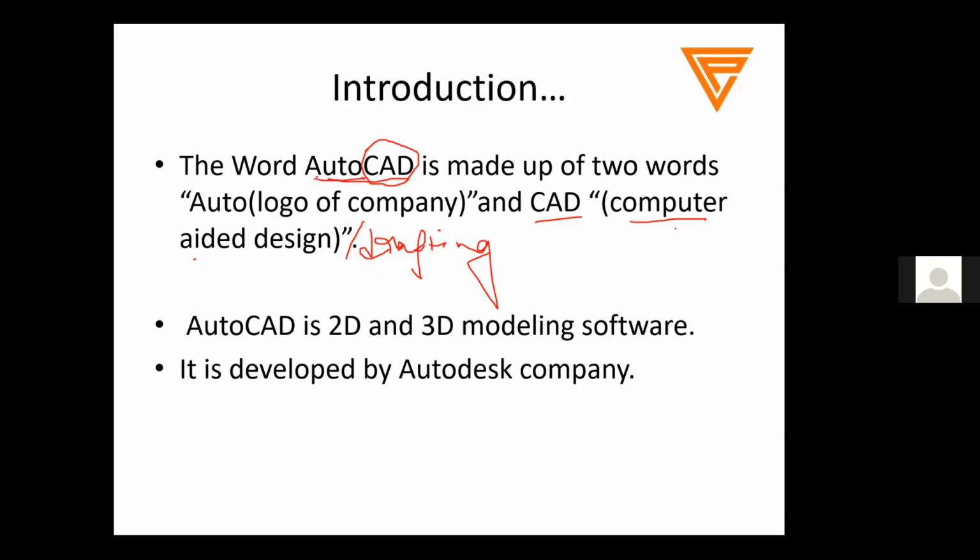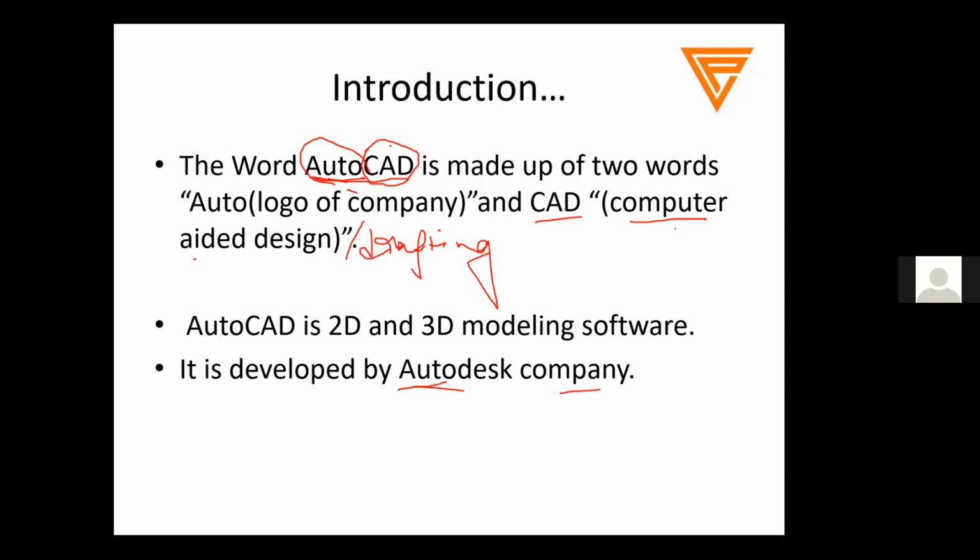This Auto stands for the company. The CAD software which we are going to use in our session has been developed by a company named Autodesk. So this Auto is taken from the first four letters of Autodesk.